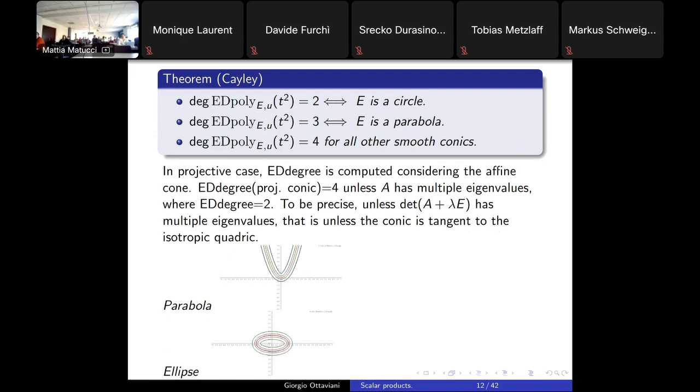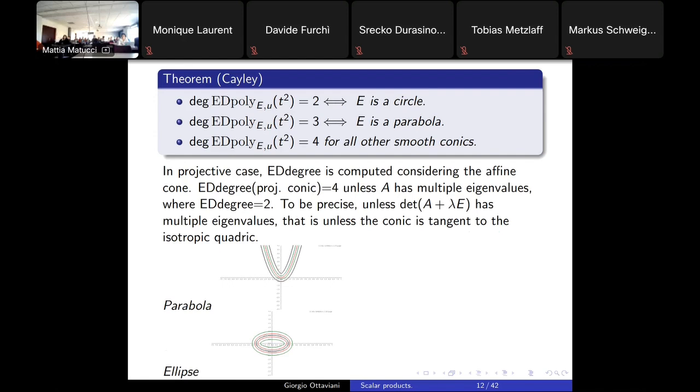Then you can repeat everything in the projective case. How do you do it in the projective case? Well, every curve in the plane has an affine cone in A3, which looks like this. And then by definition, you consider the distance of a point, choosing a representative here, from the affine cone, the affine distance.